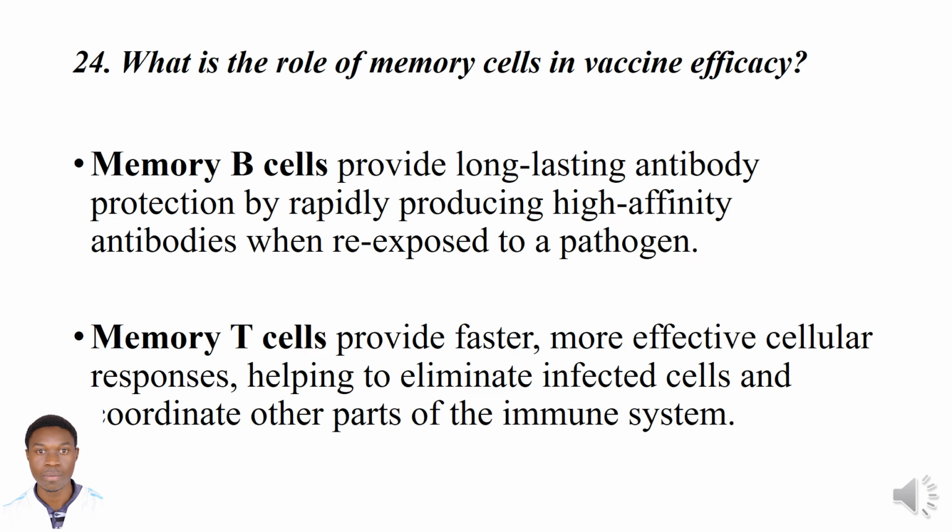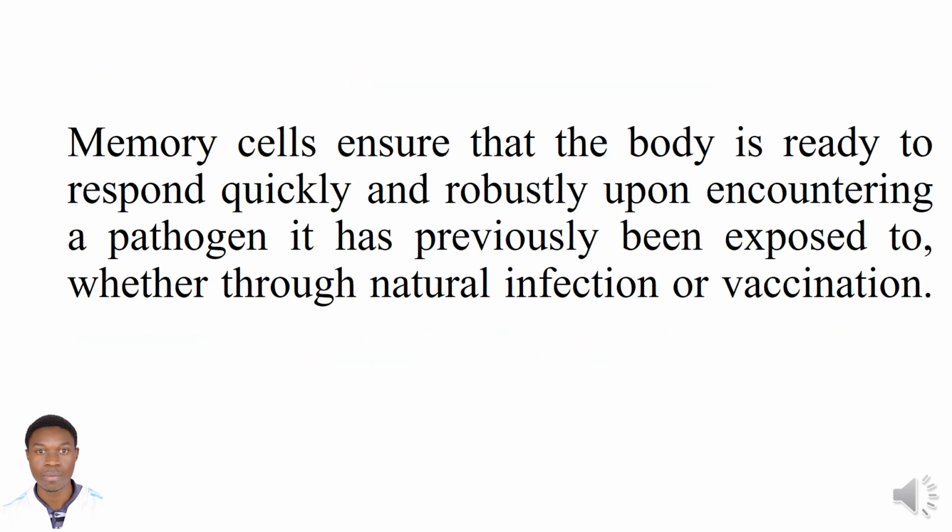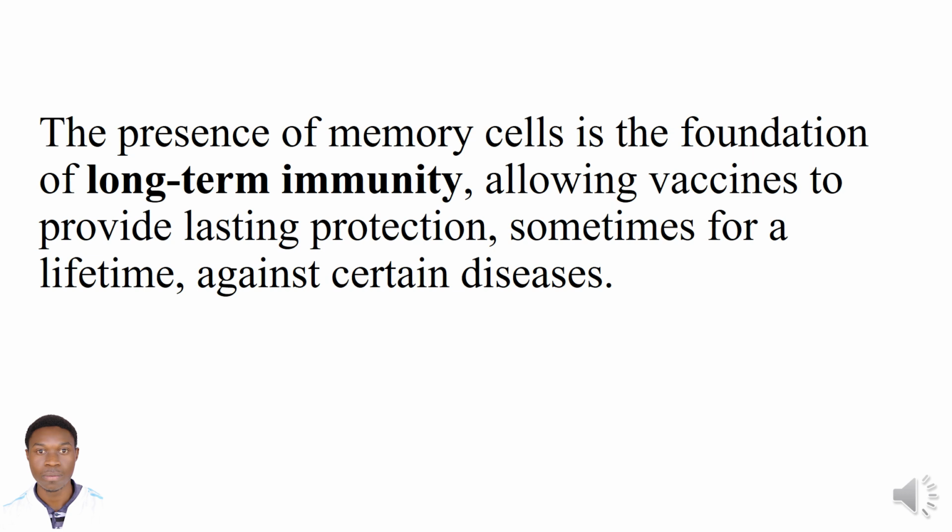Memory cells ensure that the body is ready to respond quickly and robustly upon encountering a pathogen it has previously been exposed to, whether through natural infection or vaccination. And then the presence of memory cells is the foundation of long-term immunity, allowing vaccines to provide lasting protection, sometimes for a lifetime, against certain diseases.